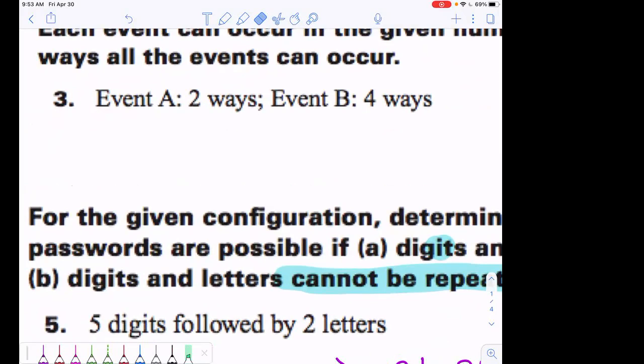Event B gives you 4 different side dishes to choose from with your meal. Your goal is to find all the ways they can occur. So you're taking the number for event A and the number for event B and just multiplying those together. So it's just using the counting principle without saying this is really what's happening in our real life situation.